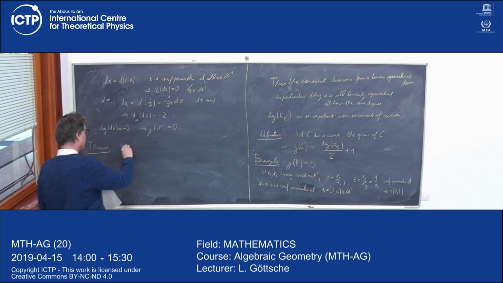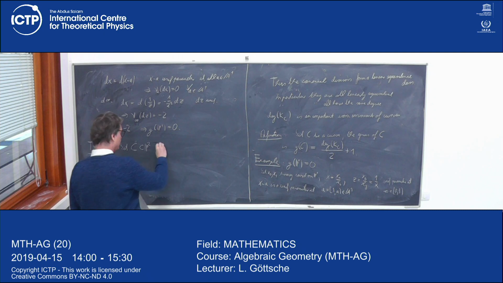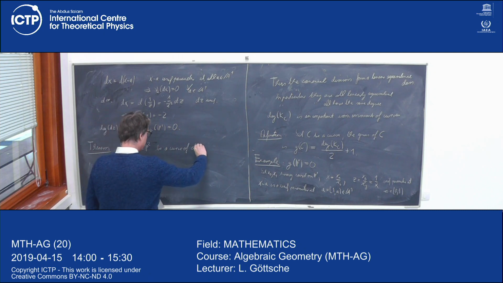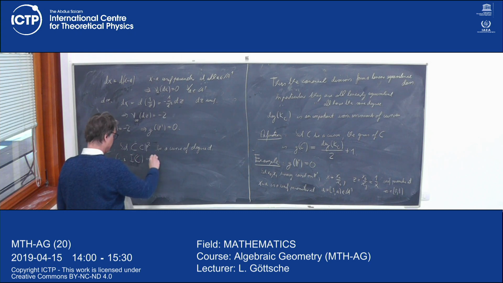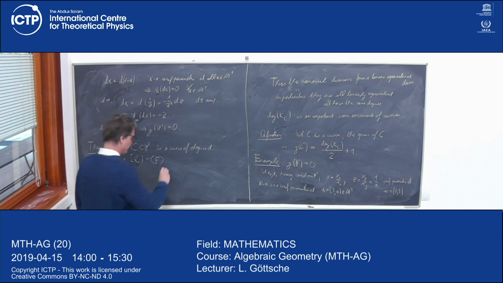Let C in P2 be a curve of degree d. That means the homogeneous ideal of C is the ideal generated by F, where F is homogeneous of degree d.